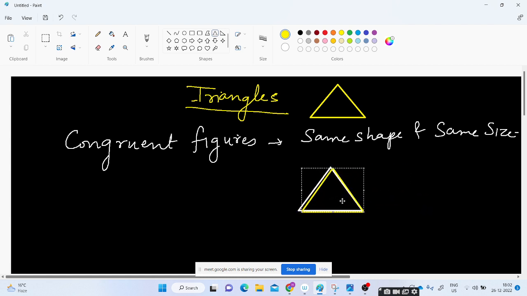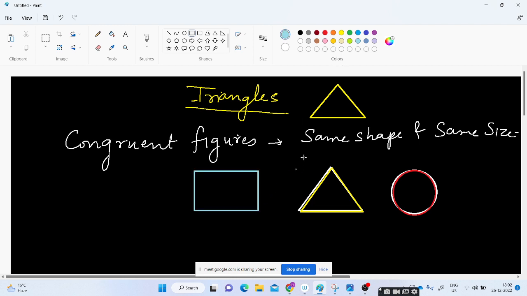Okay, so these are congruent triangles. Similarly, congruent circles are also possible, one over the other. Congruent rectangles are also possible.